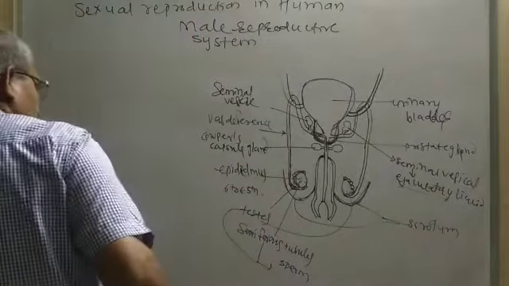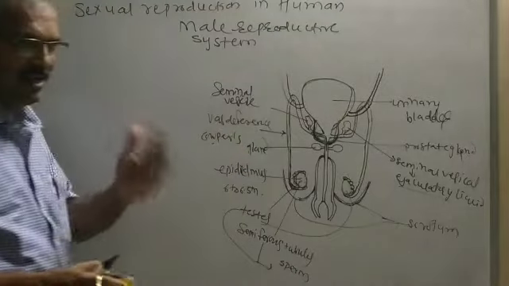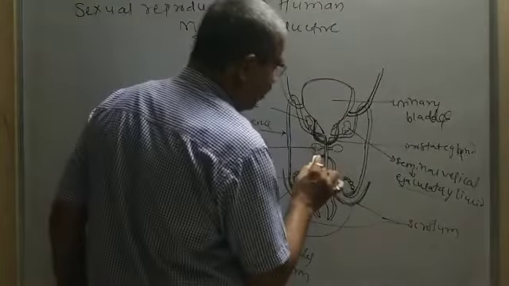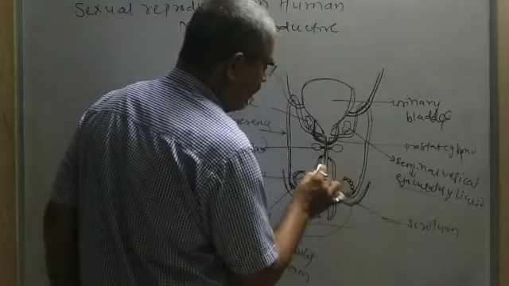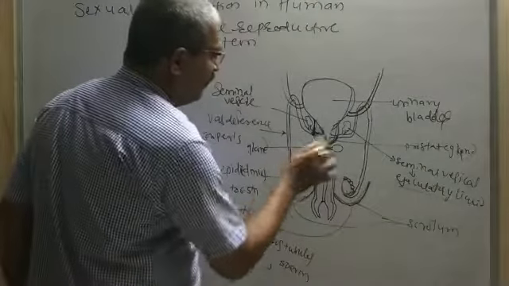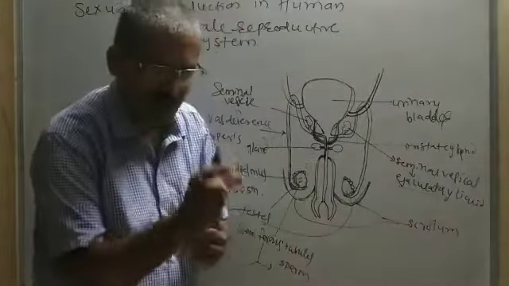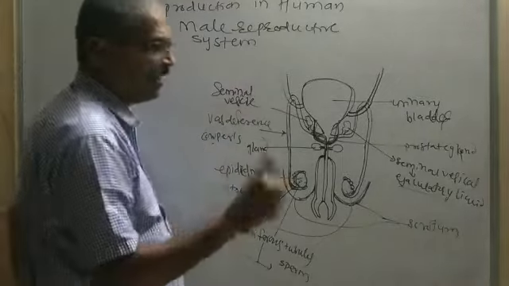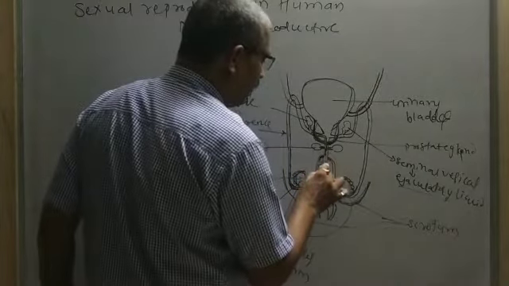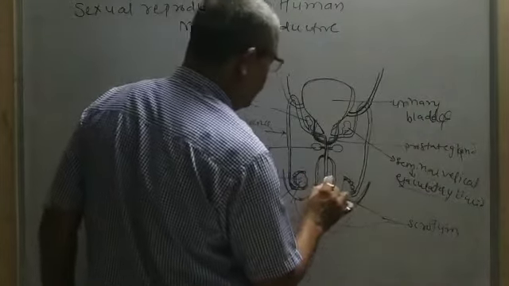From the Cowper's gland also one specific kind of secretion is released into the urinogenital organ. Though these ducts are different, to ejaculate, to pass the semen, there is a single duct, the penis.